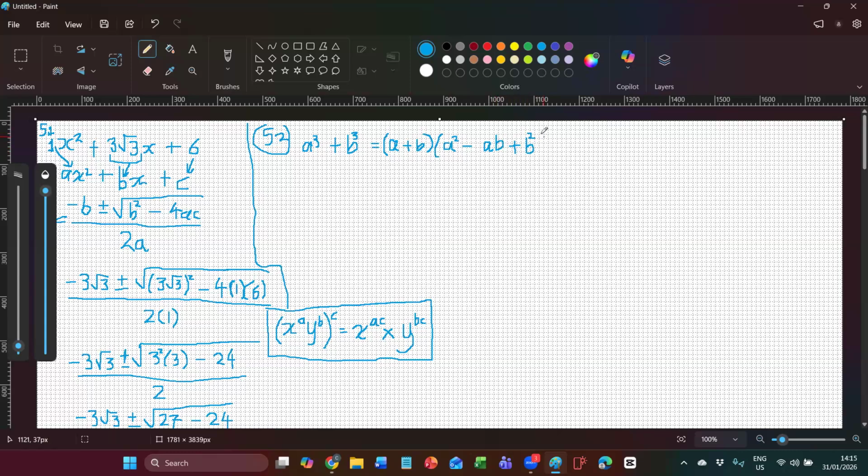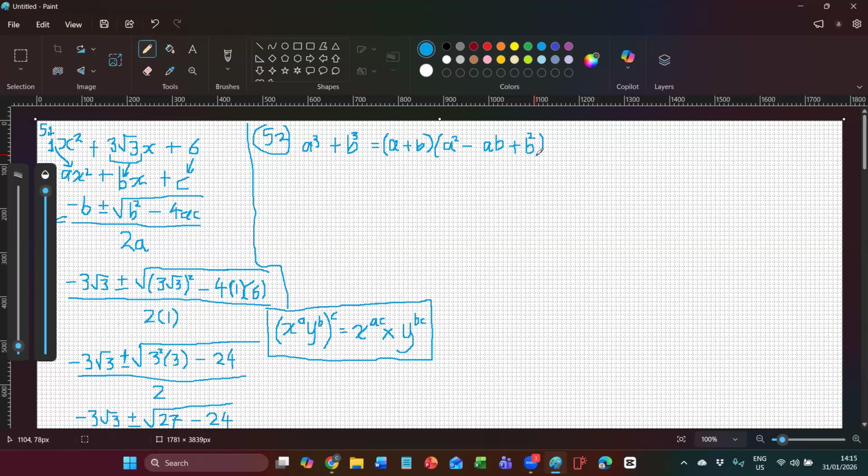Okay, I'm thinking I left out something. My formula is A plus B into A squared minus AB plus B squared.